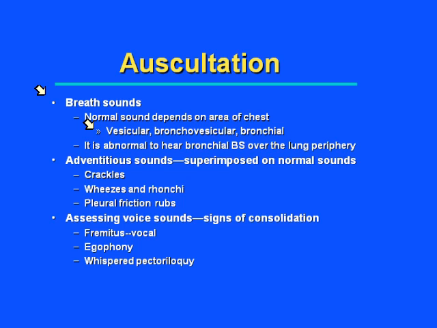So we describe the normal breath sounds as being either vesicular, bronchovesicular, or bronchial. And we try to remember that it's abnormal to hear bronchial breath sounds over the lung periphery. They belong over the large conducting airways, and I'll show you a picture of that in a minute.